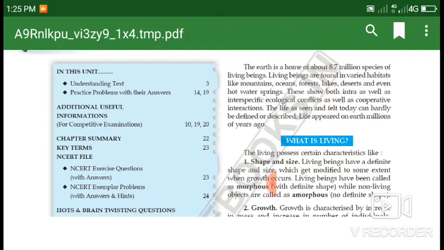First there were simple organisms like amoeba, bacteria, and paramecium. But as evolution continues, variation takes place, which makes more complex organisms.